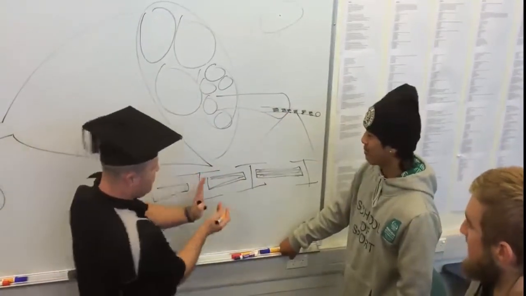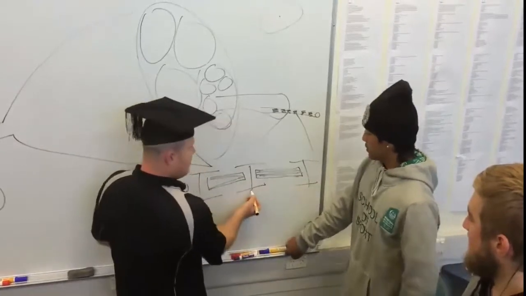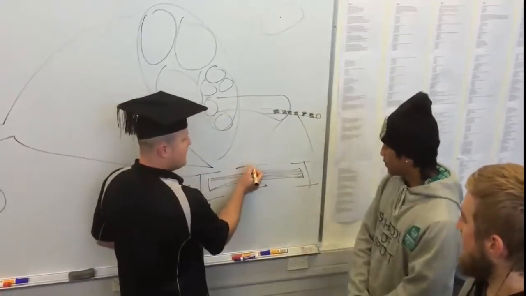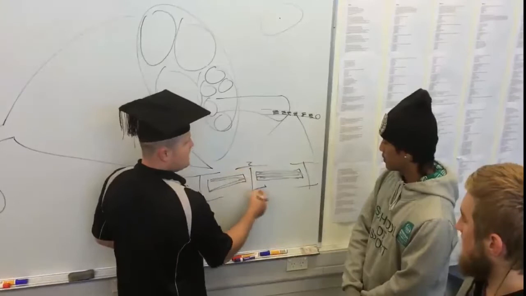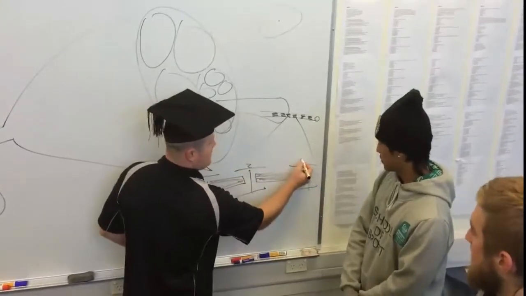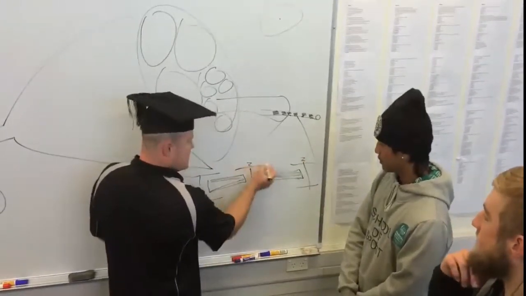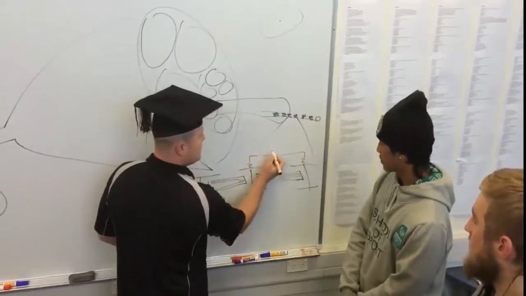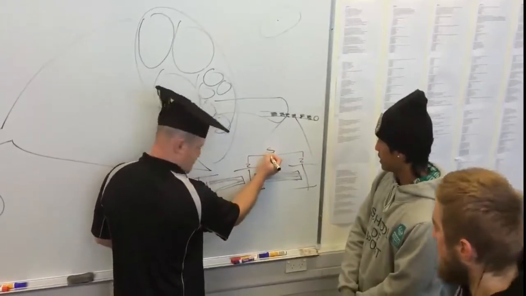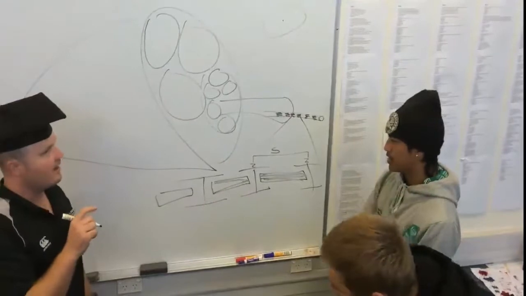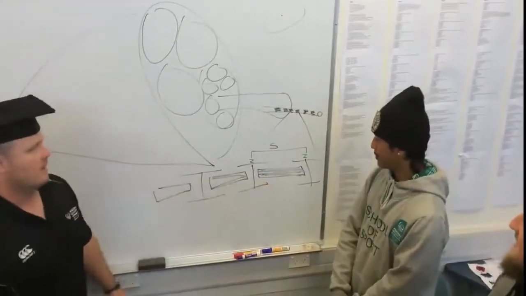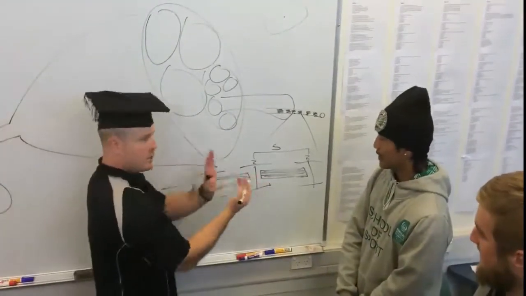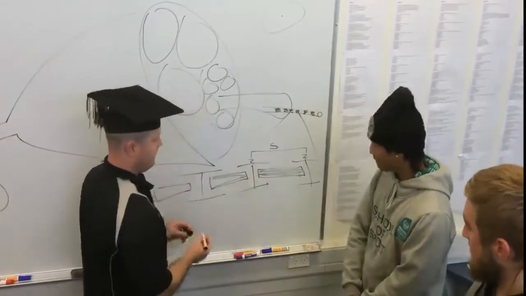If we look at just one of these segments, in the middle of our actin, which is our thin filament, it's called the Z disc. In the middle of the next actin is the Z disc. So from the Z to the Z is called a sarcomere. So the smallest unit that contracts is a sarcomere.